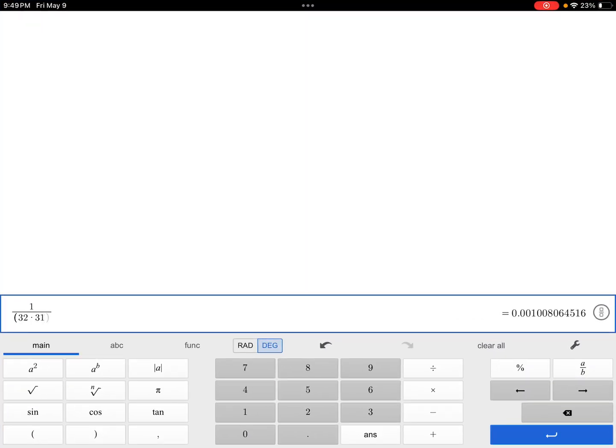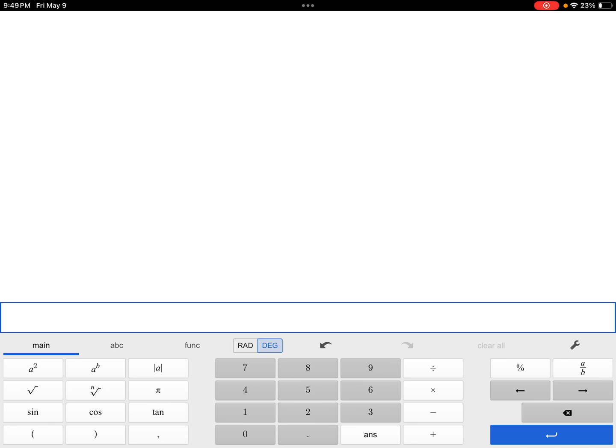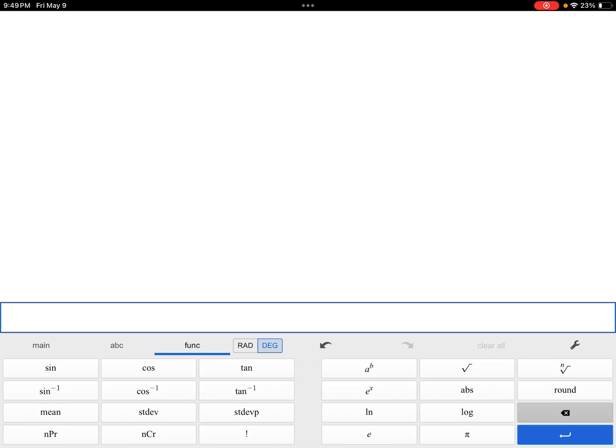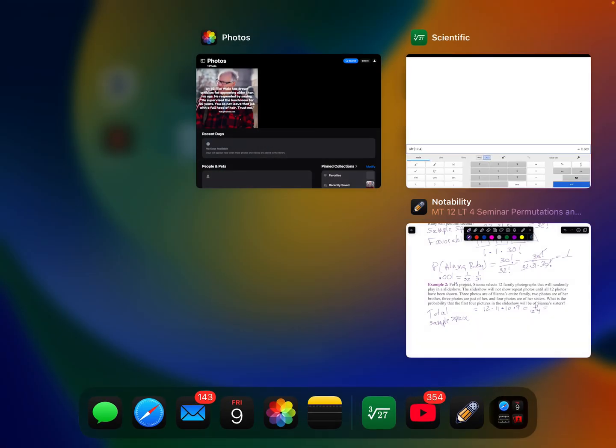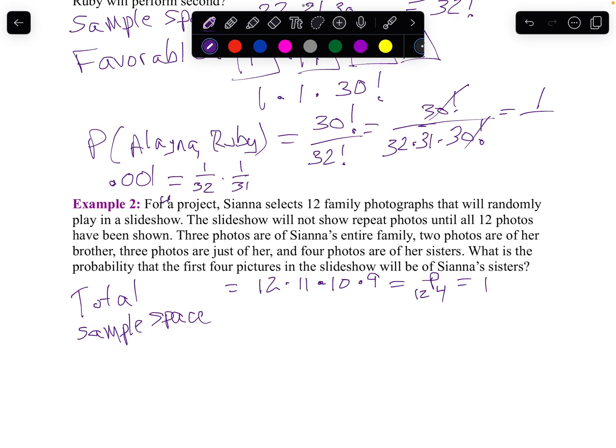I can show that on my calculator here. So I will do a permutation of 12 things 4 at a time. There it is. So there are 11,880 different ways we could have these photographs displayed.